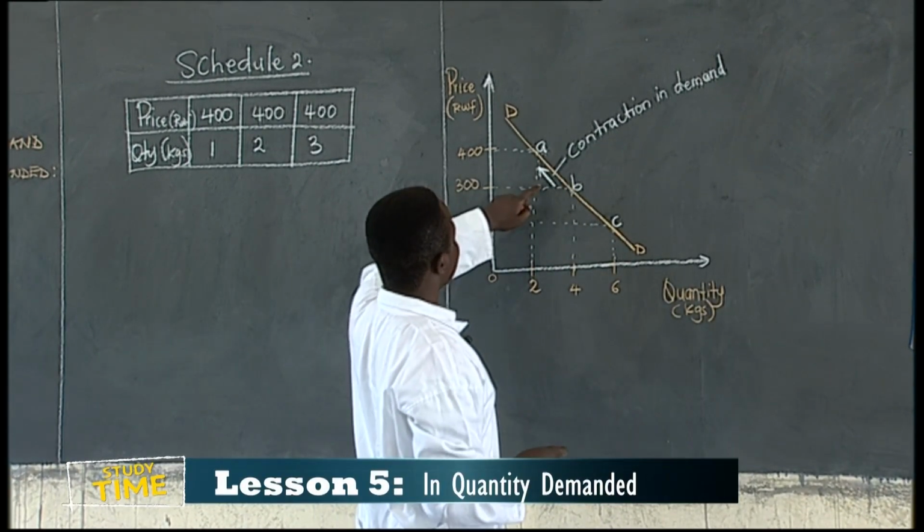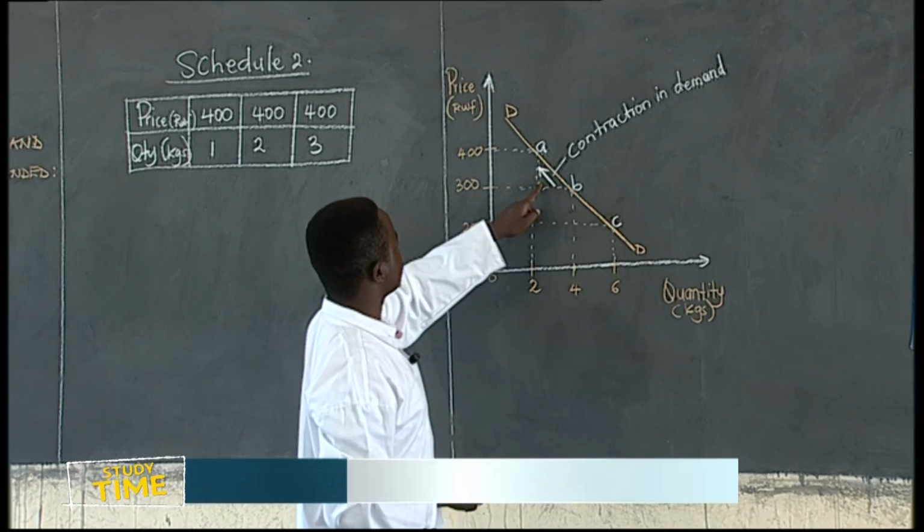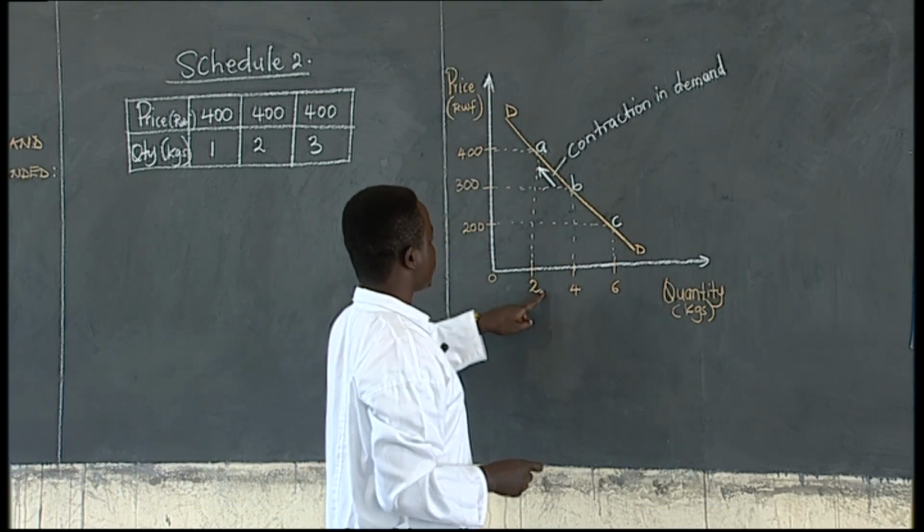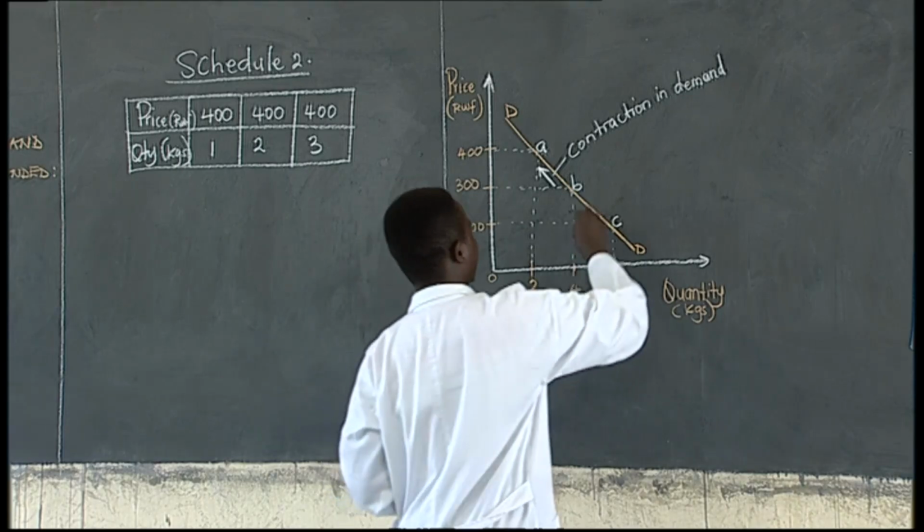Because as the price increased from 300 to 400, quantity demanded reduced from 4 to 2, by 2 units.